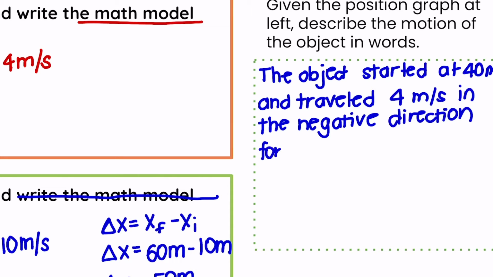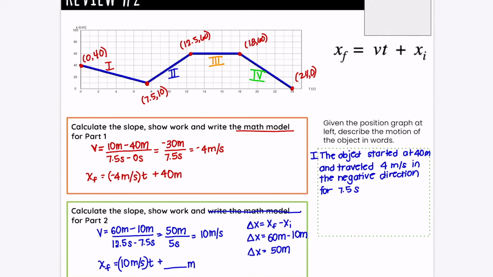And make sure that we talk about the direction. So it moved in the negative direction for 7.5 seconds. And we see it with the slope going down towards 0.